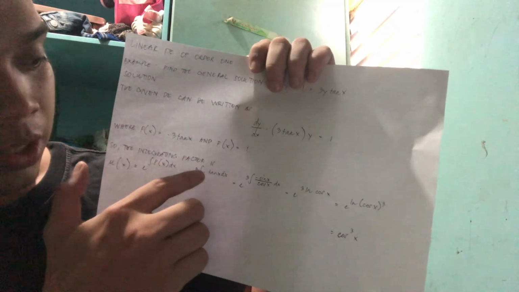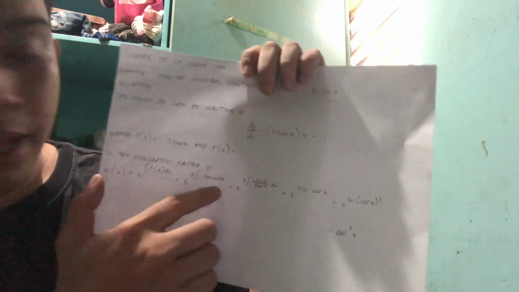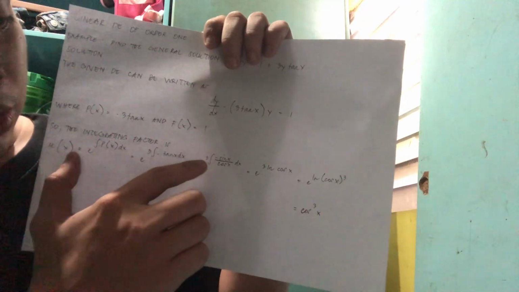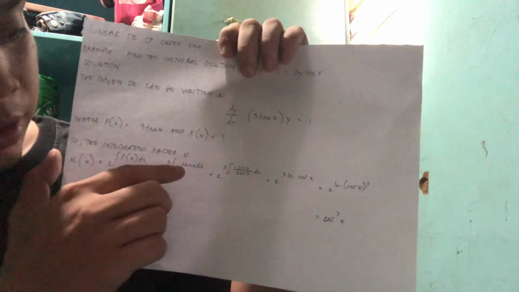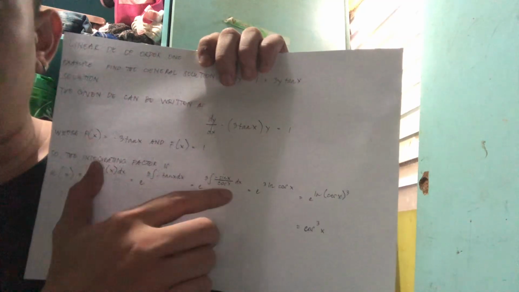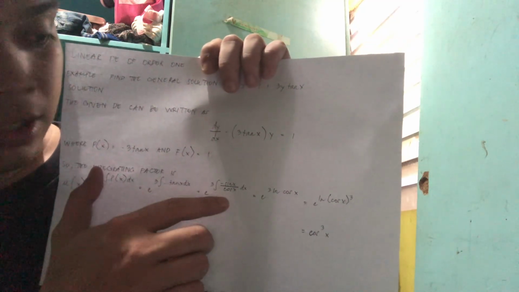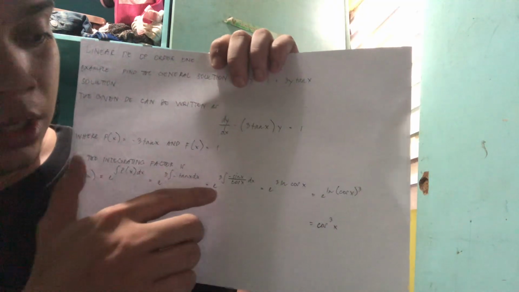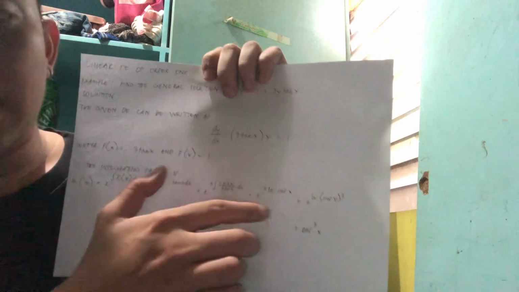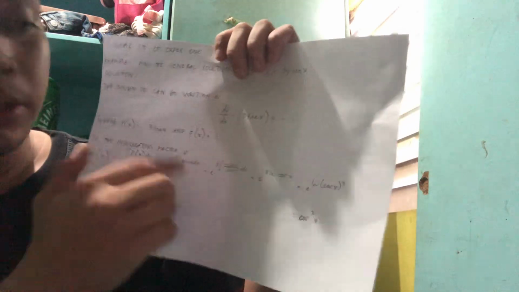So e to the 3 integral of negative tan x dx. Tan x is equivalent to sine x over cos x, it's the same. So you just have to separate it to get the final answer of the integrating factor.